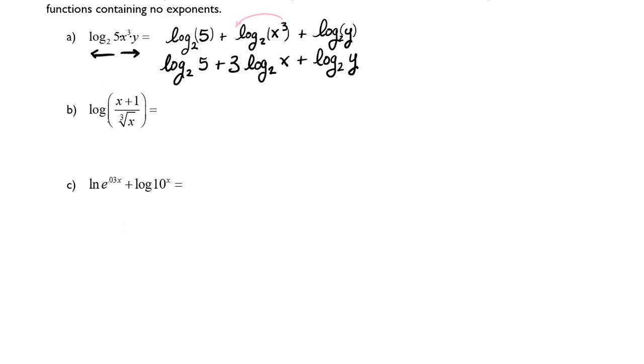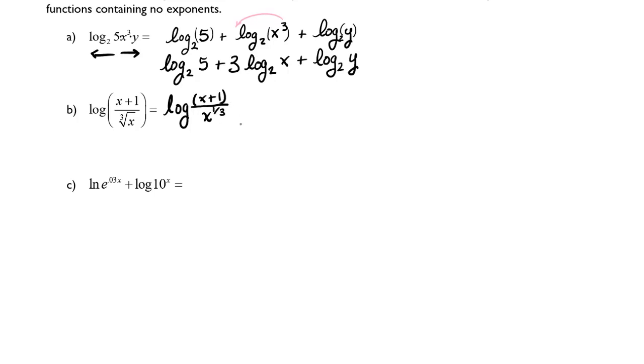Next, let's look at log of, and notice it's not given what base it is, so it's assumed to be 10. Log base 10, you don't have to read it that way, but log of x plus 1 over the cube root of x. For clarification purposes, I'm going to rewrite this cube root of x in the denominator as x to the 1/3. So I'll have log of x plus 1 in the numerator over x to the 1/3 in the denominator.